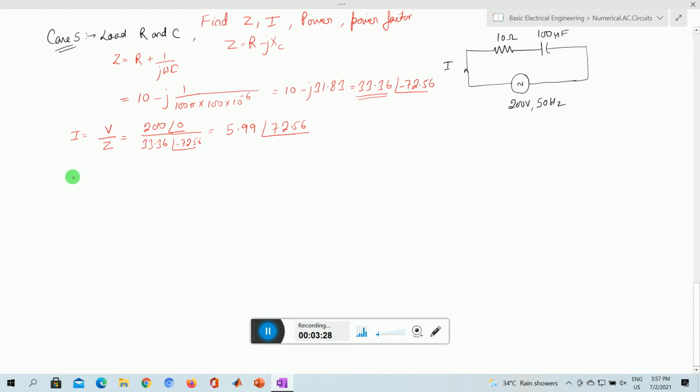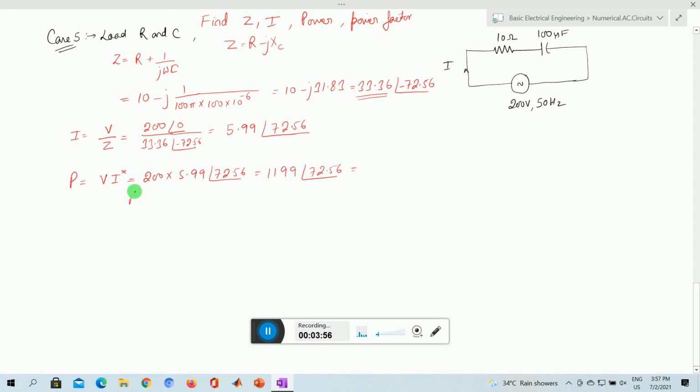So the power is equal to V I star. We can write here 200 into 5.99 angle 72.56. This comes out to be 1199 at this angle, of which we take the real part.